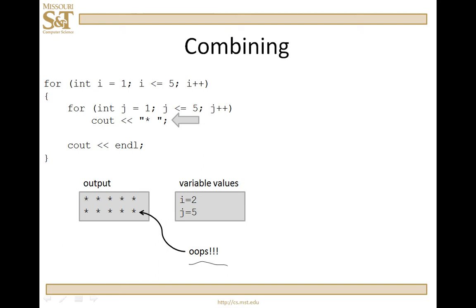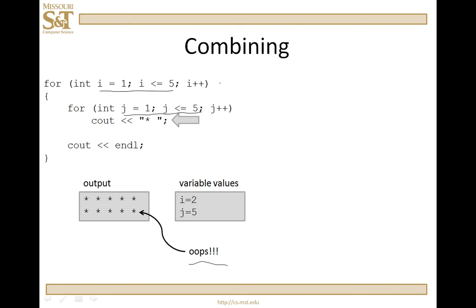What is the mistake? Well, observe. We have i running from 1 to 5. We also have j running 1 to 5. That means for every row we're going to have 5 stars. Well, clearly that's not what we want.